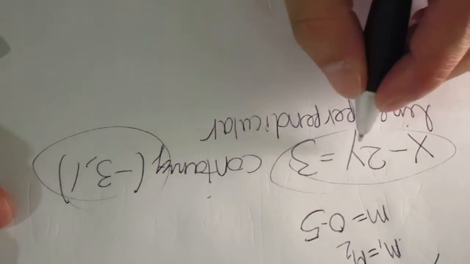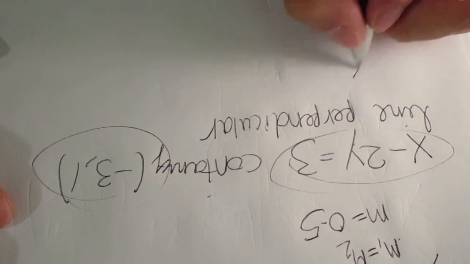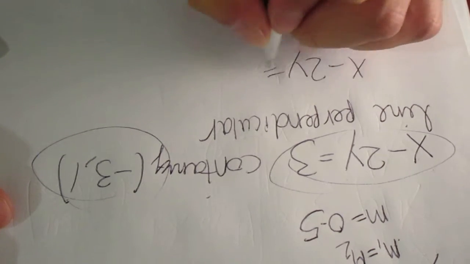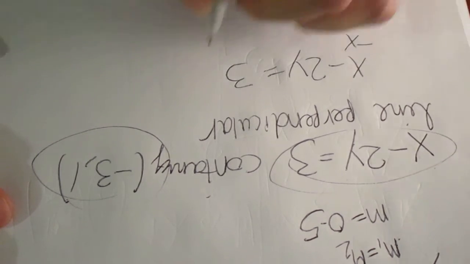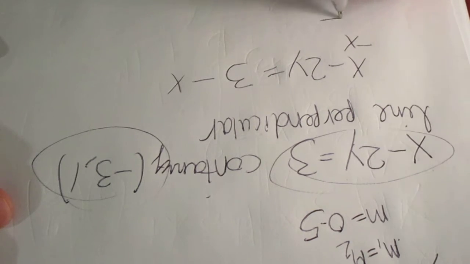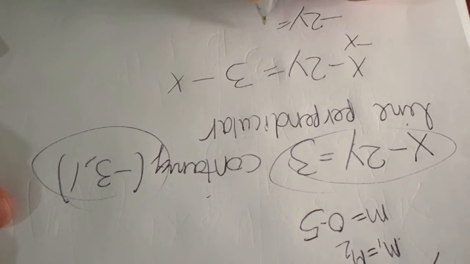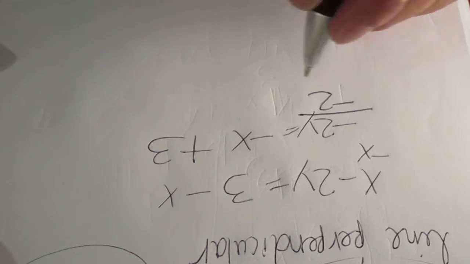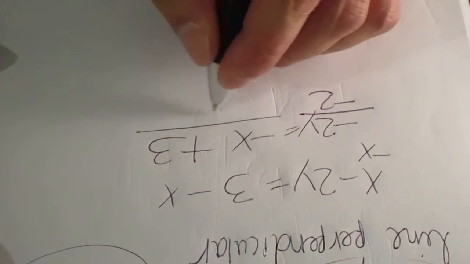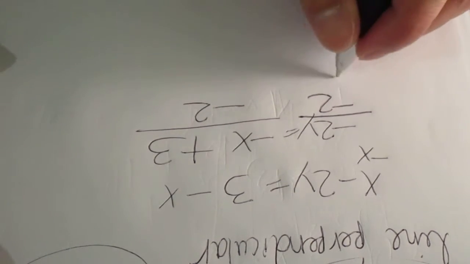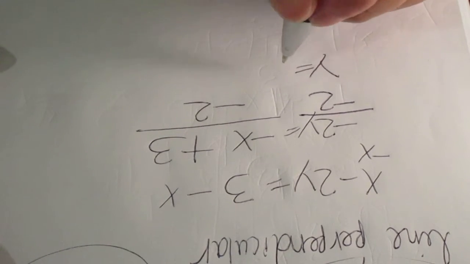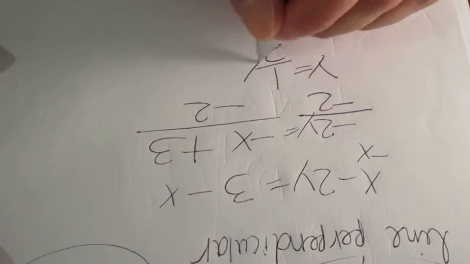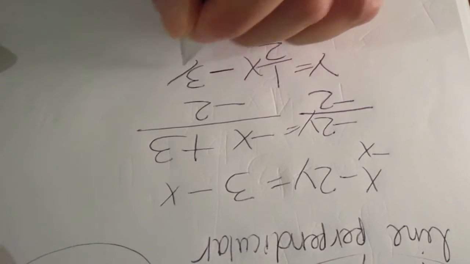First step, get y by itself. So x minus 2y equals 3. Subtract x, and you're left with -2y equals negative x plus 3. Divide by -2 on both sides, everything. So y equals positive 1/2 x minus 3/2.